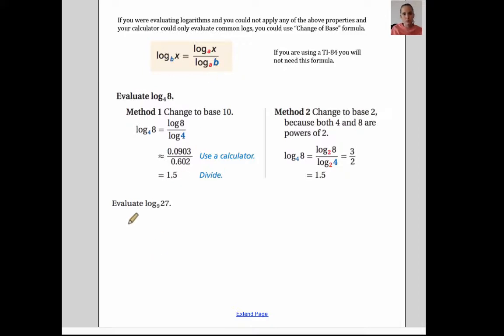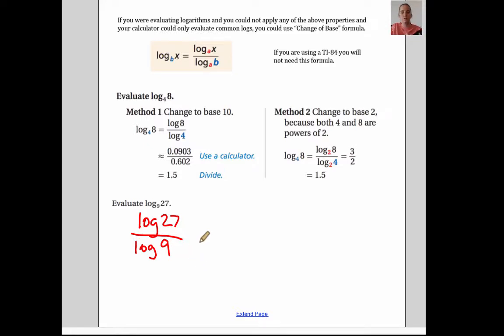Down here, I could do this two different ways. If I wanted to use a common log, I could do log of 27 divided by log of 9. Again, I'm using a common log, which is understood to have a base of 10, so I could just type this into my calculator, this divided by this, and get my answer.